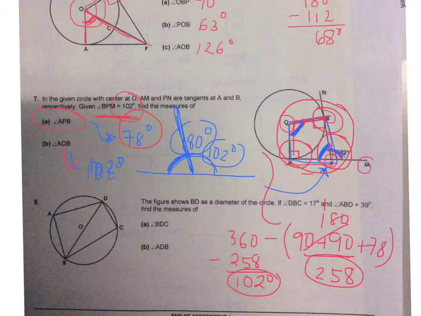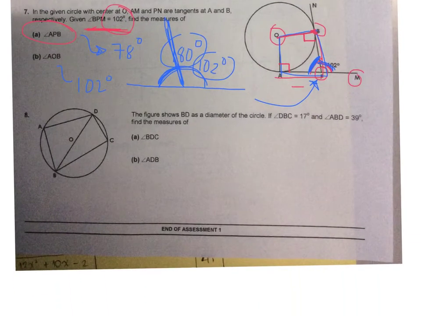Okay, so finally we go to the last question. In number 8, the figure shows BD as a diameter. A diameter is the line segment passing through the center of the circle. If angle DBC is 17, and angle ABD is 39, we want to find the measure of the angle BDC.